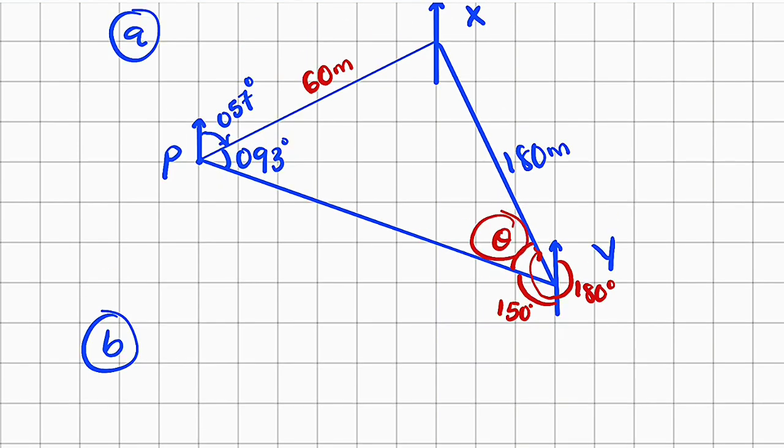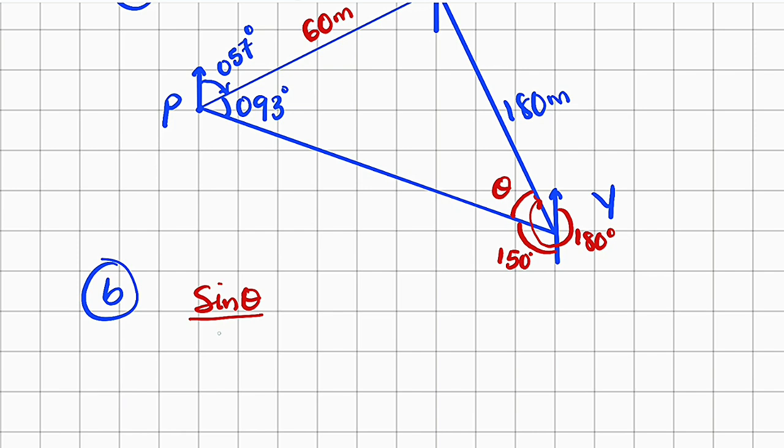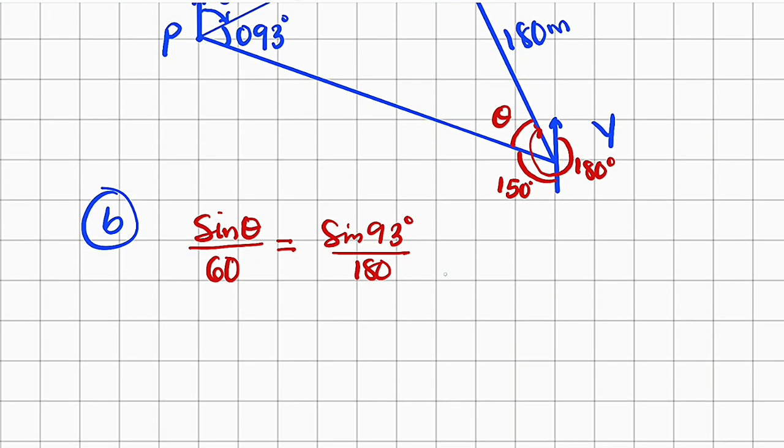Since we are looking for theta, we can relate it to this side length, then take this angle and relate it to this using the sine rule. We have sine of the missing angle theta divided by its corresponding side length, which is 60 meters, equal to sine of 93 degrees divided by 180 meters. So we can multiply both sides by 60, so that sine of theta is equal to 60 multiplied by sine of 93 degrees divided by 180.